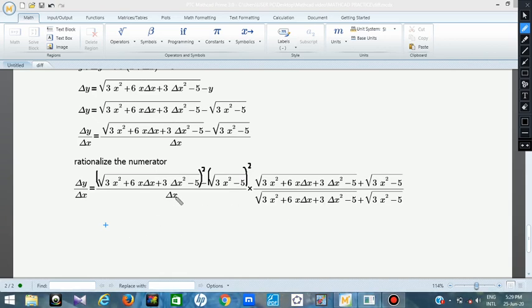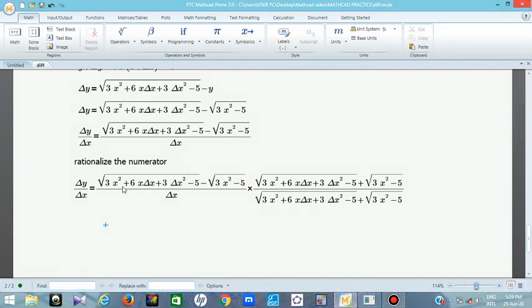Then the denominator delta x will come and multiply this other value. So that's what we are going to do next. If we square this, the square will cancel out the square root. So we are going to have delta y divided by delta x.